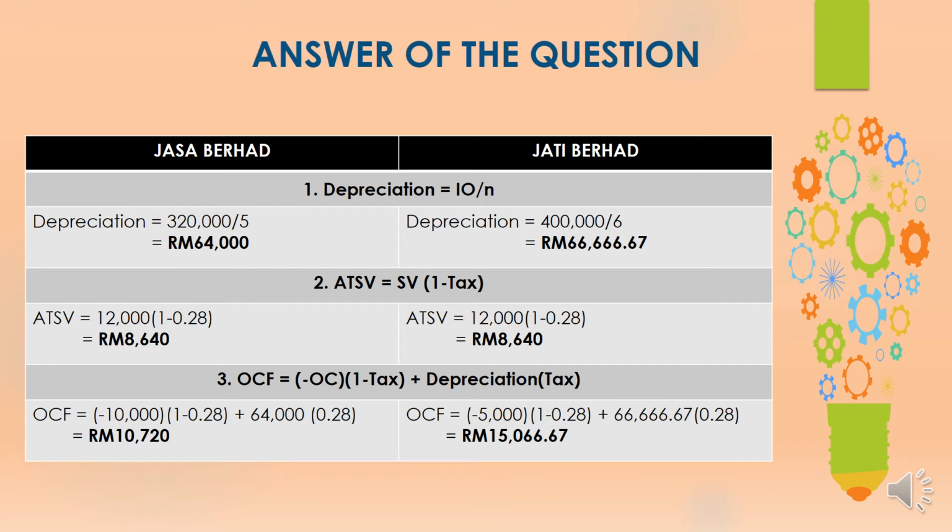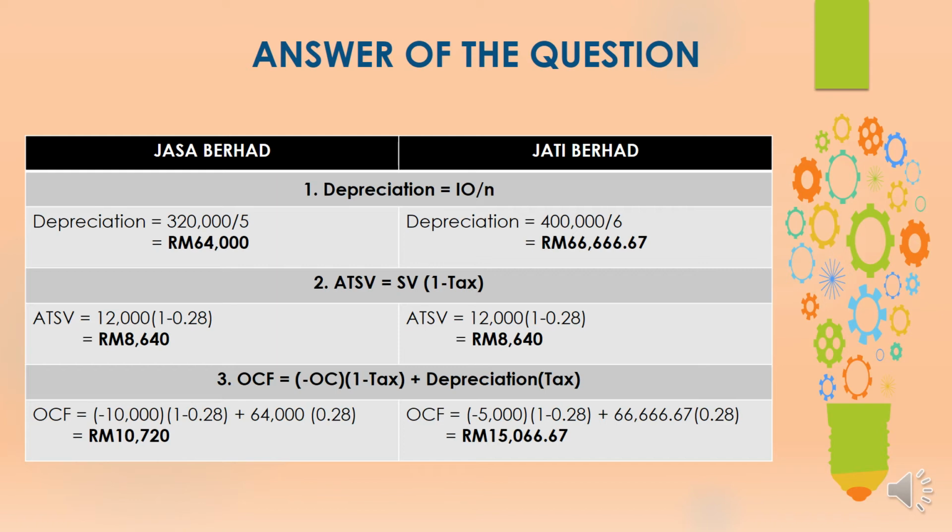To calculate EAC, at first, based on the formulas, we will calculate depreciation. The depreciation formula equals IO, which is the initial outlay or project cost, divided by the maturity period or useful life of the project or machine. So for Jasa Berhad, depreciation equals IO 320,000 divided by the maturity period of 5 years.